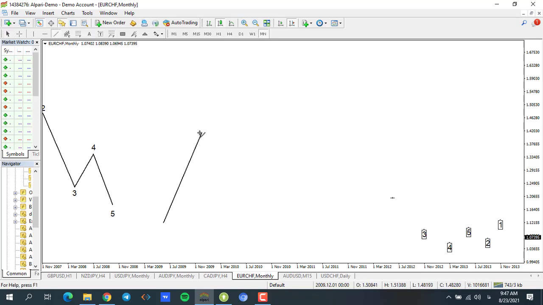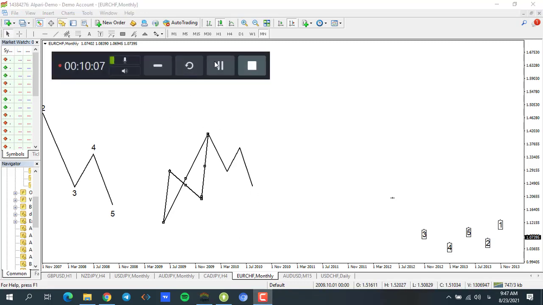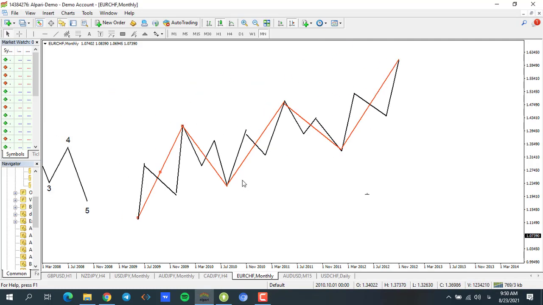If our first wave has 3 waves, then again 3 waves. Let me draw it and I will be back. Okay, here is a diagonal pattern.